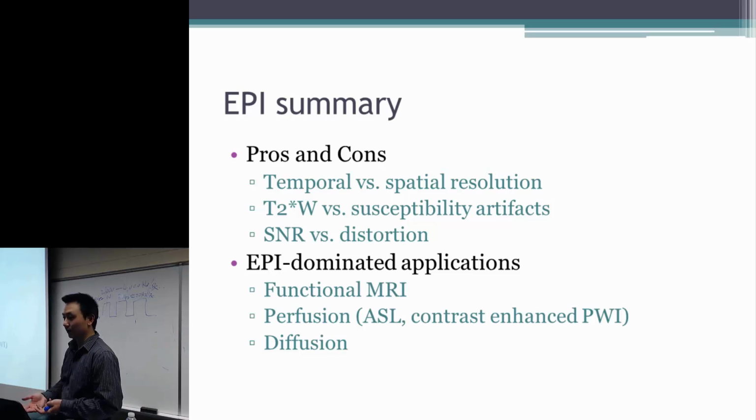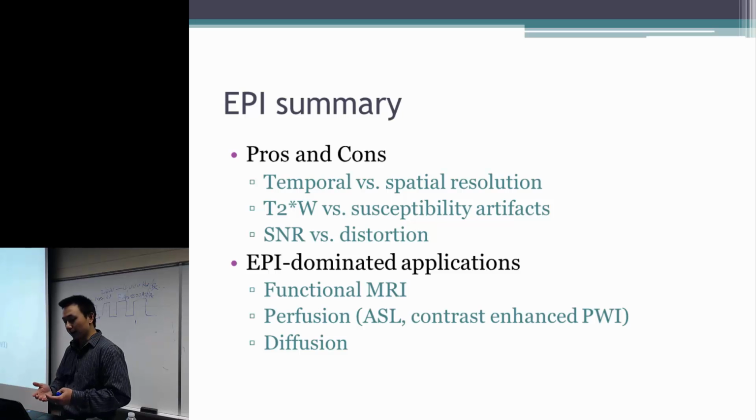This is equivalent to like 4 millimeter voxels. So this is a very coarse signal, but it can give us a very fast temporal resolution, so that we can collect different time points to capture the activity of the brain.